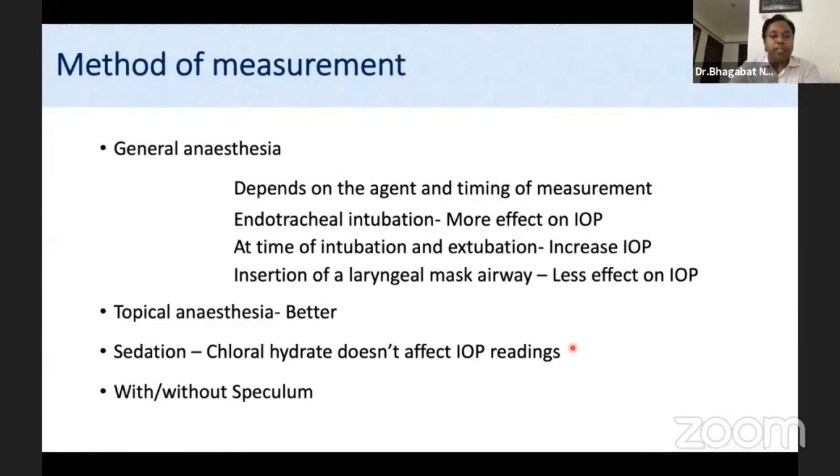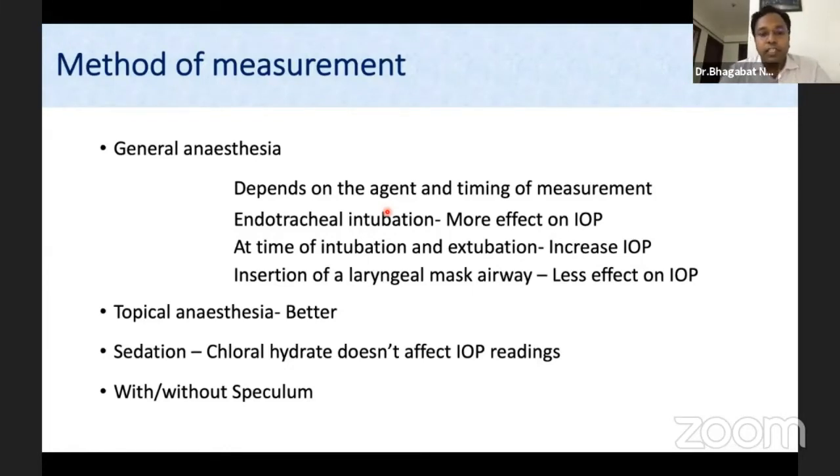Coming to the method of measurement, children are difficult to examine, so most of the time we do it under general anesthesia, that is, examination under anesthesia. The anesthetic agent matters: most of them decrease the IOP, except a few, and the timing of measurement matters, because there are phases: before sedation, at the time of intubation, deep anesthesia, and at the time of extubation.